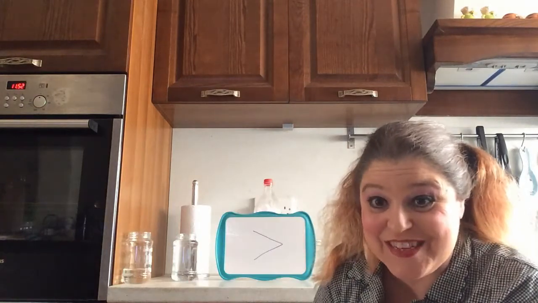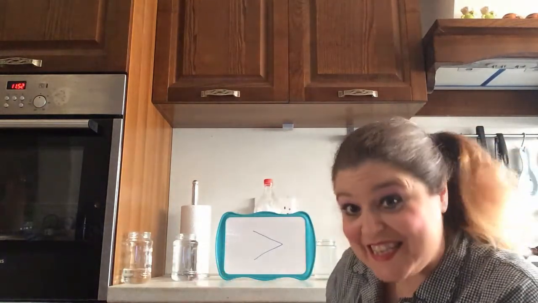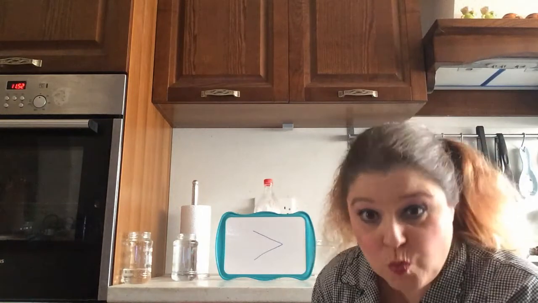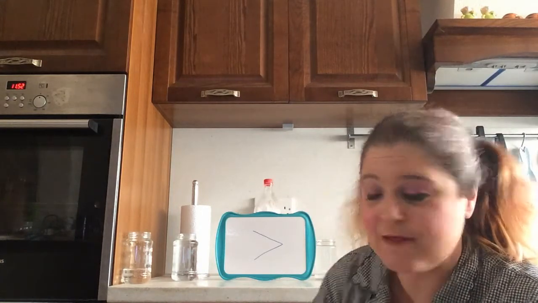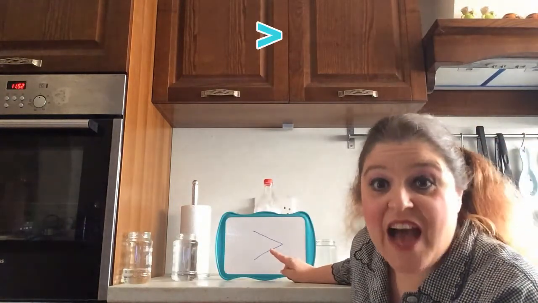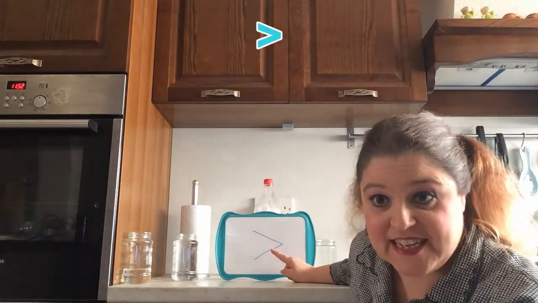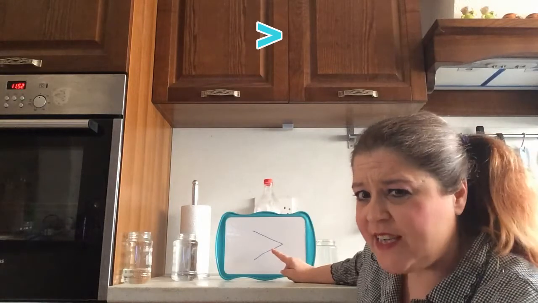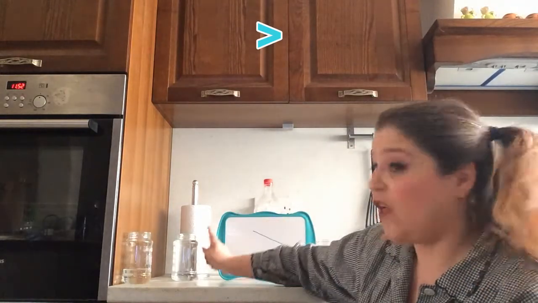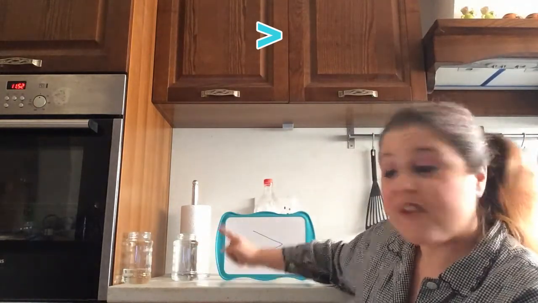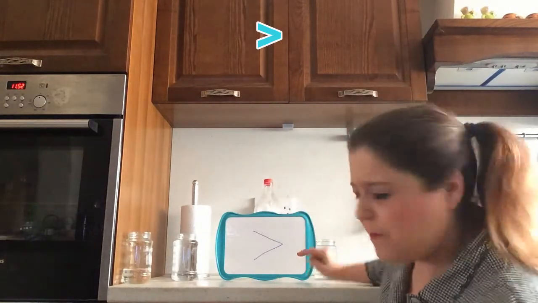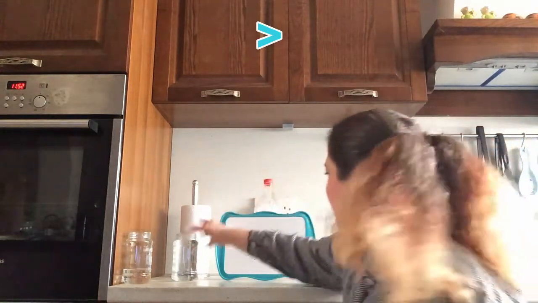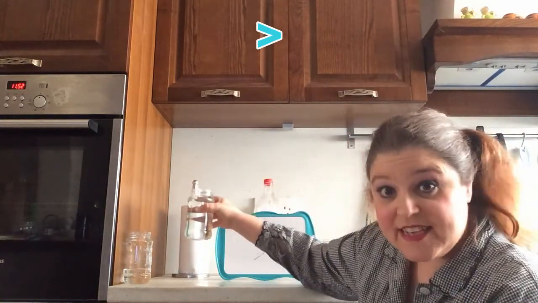For our next activity, we're going to be using the containers that we poured water into to help us make some number sentences. Here we have the greater than sign. So, I need to place one of the jars on this side and one of the jars on this side. This is the jar with 500 milliliters in it.